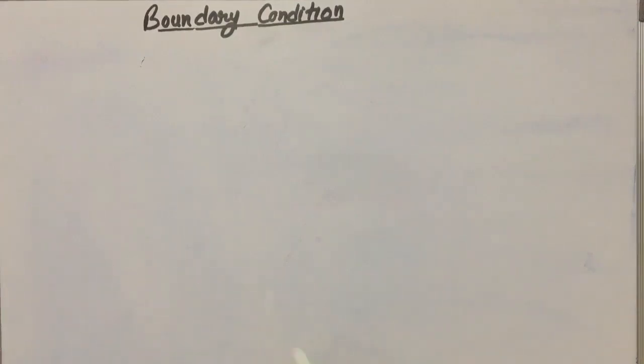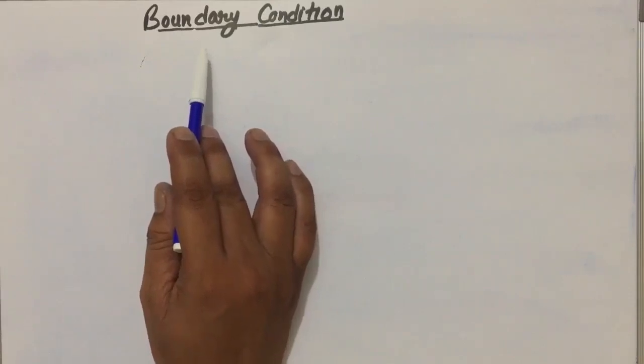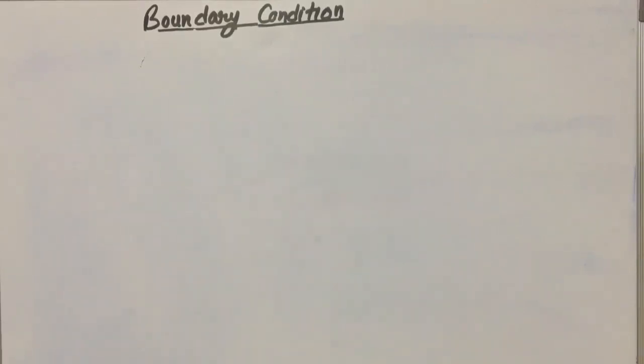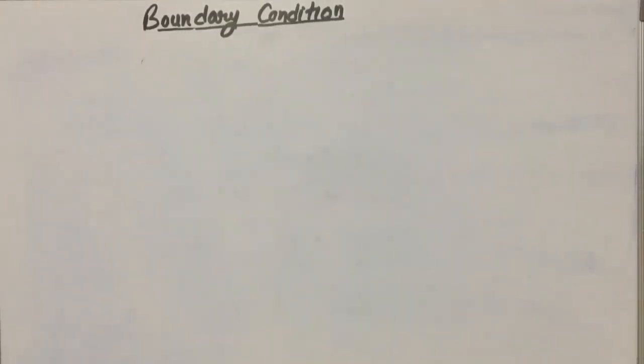Now the next topic of discussion is boundary conditions. Conditions in case of electric field when it is changing from one medium to another medium, and the medium may be conductor or dielectric.